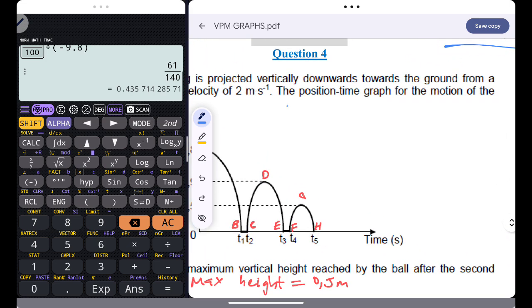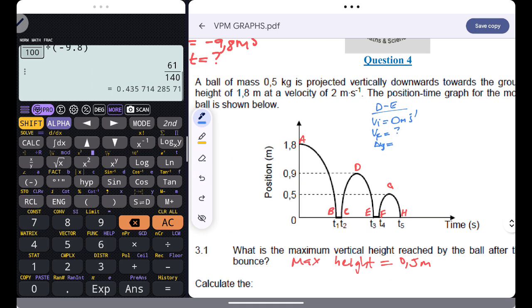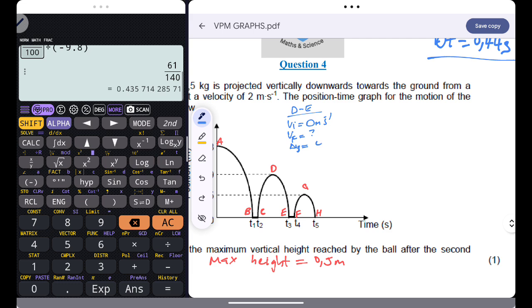I'll focus on path D to E. For me to find the velocity at position E, the initial velocity at point D, the ball is at maximum height. At position E, final velocity, that's what I'm looking for. The distance traveled from maximum height to the ground is 0.9 meters in the negative direction, downwards, remember.